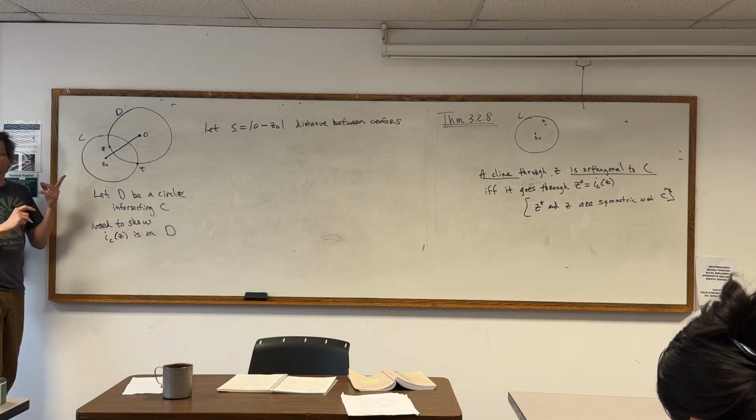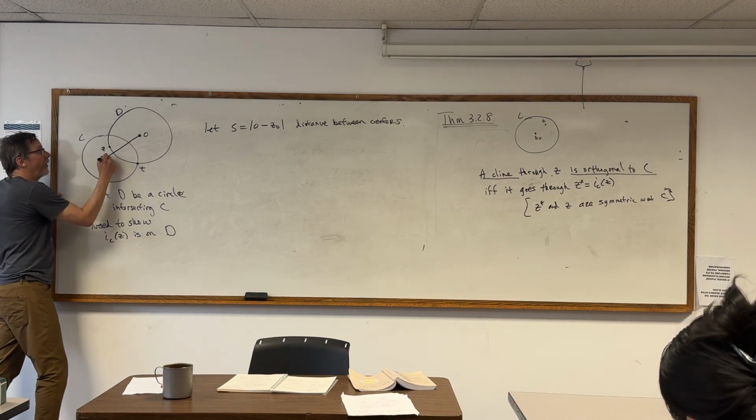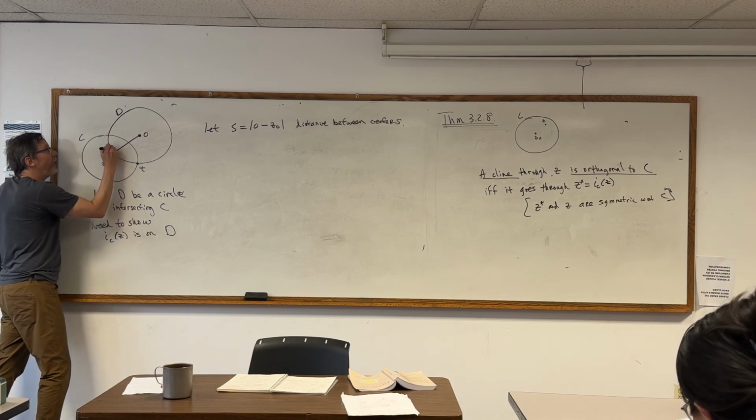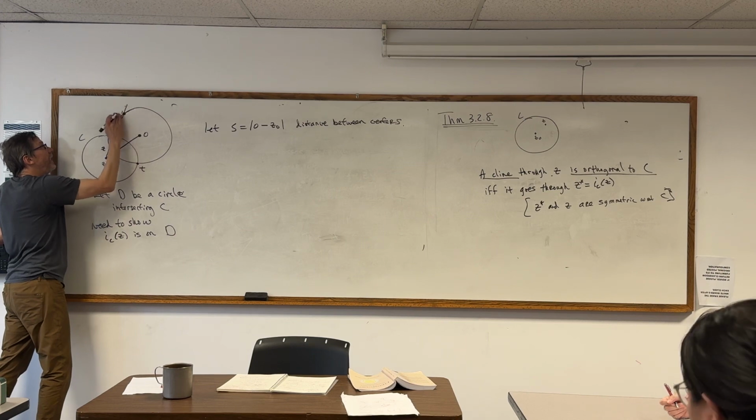Then let's draw a line to figure out where the inversion of Z would be. I start with the center, I pass through Z, and it intersects D at another point.